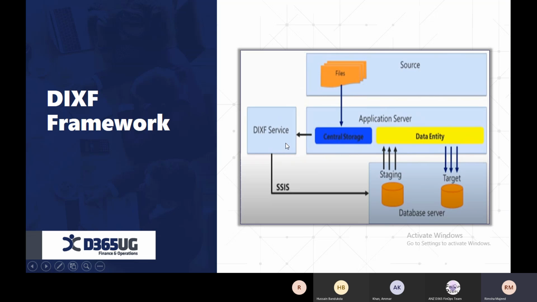Then this DIXF service communicates with the database through SSIS. In the database server, we have two tables: a staging table and a target table. The staging table gets generated whenever we create a data entity, and it is used to map the columns to the target table. The target table refers to the root table where we want to perform the operations.